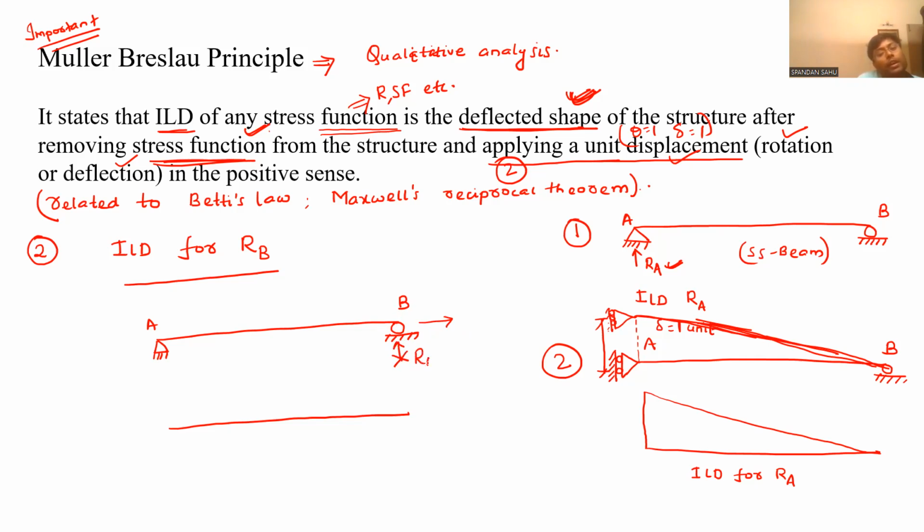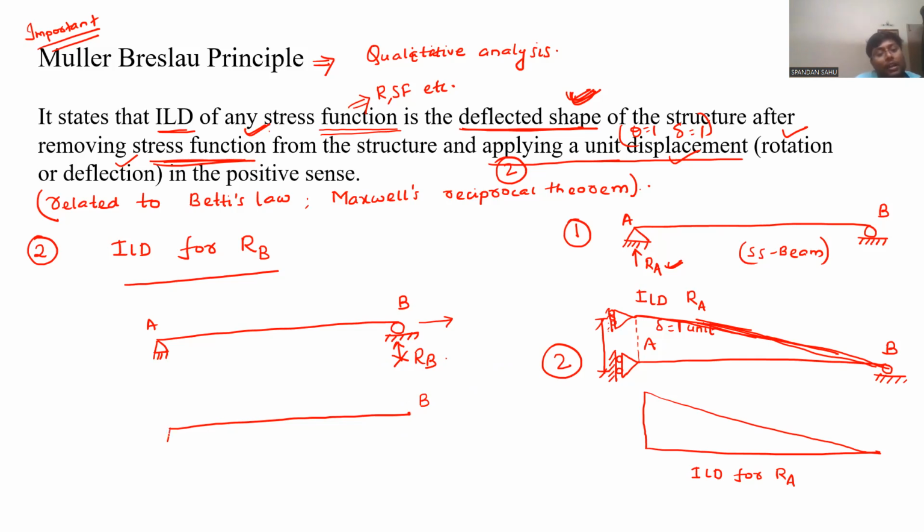That's why we write reaction at B. So if this is the only thing it is restraining, then how will this support be modified such that we can apply 1 unit by removing RB without hampering any other restraint of the total structure? How to modify this B joint such that we can draw the ILD?